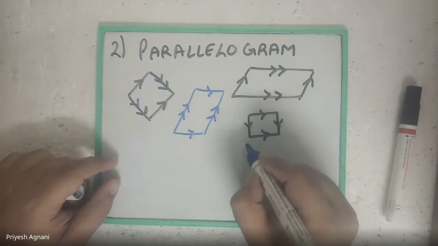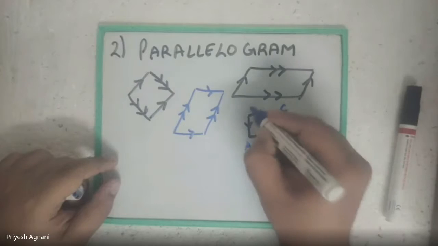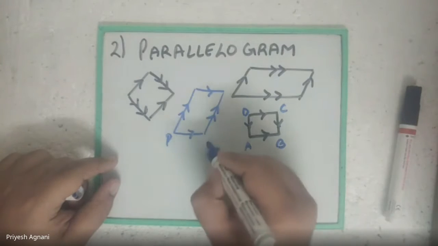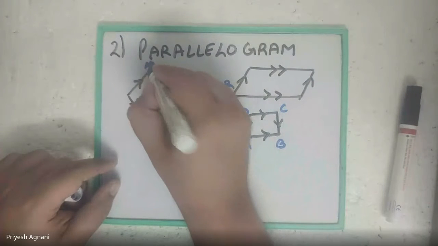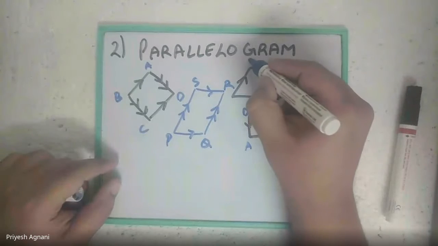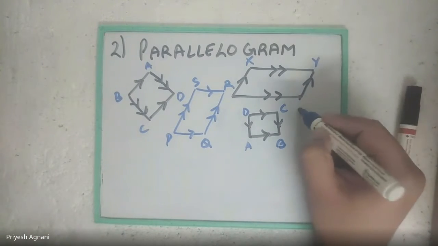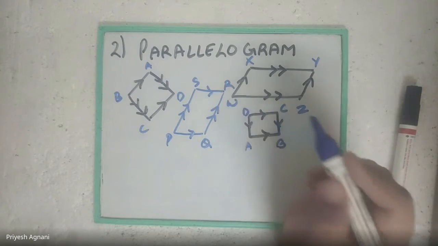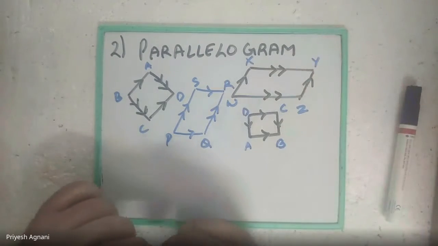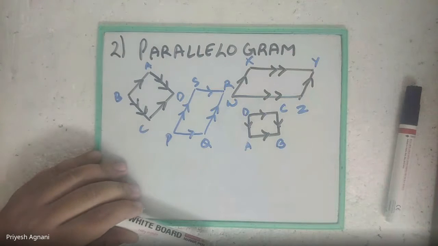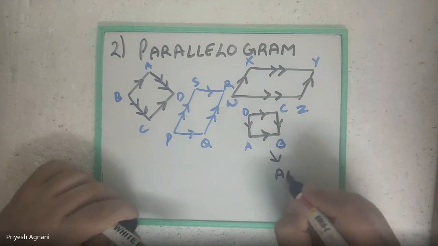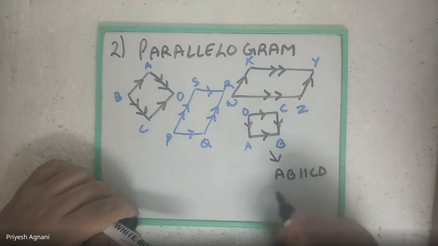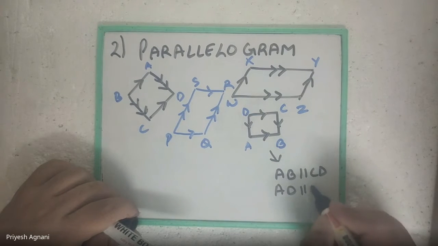We can name them like ABCD, PQRS, ABCD. Here we can put WXYZ. You can name any of the figures the way you want. Here I can tell you one thing: we can say that AB is parallel to CD and AD is parallel to BC.